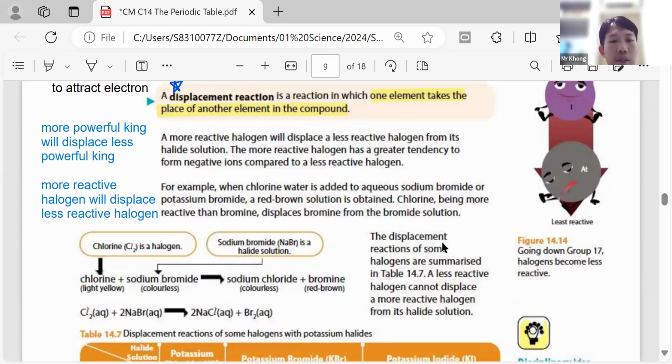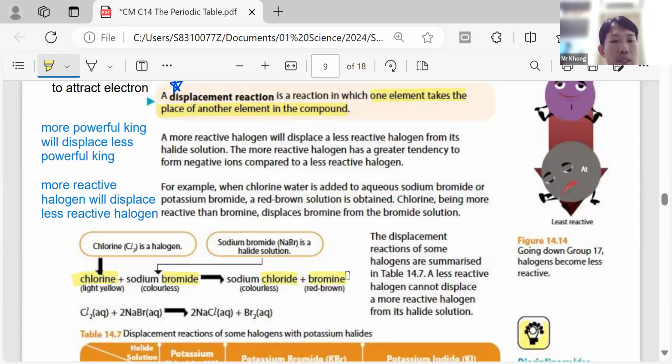You can look at this equation that is found in your textbook, page 251. In this case, I'm going to highlight the two halogens that are featured. The first one, of course, is chlorine, which is in the elemental state. The second one is the bromide, which comes from bromine. Because chlorine is above bromine in the periodic table in group 17, it is more reactive and it can displace the bromide ions, and in turn it will become sodium chloride and displace the bromide ions to form bromine.